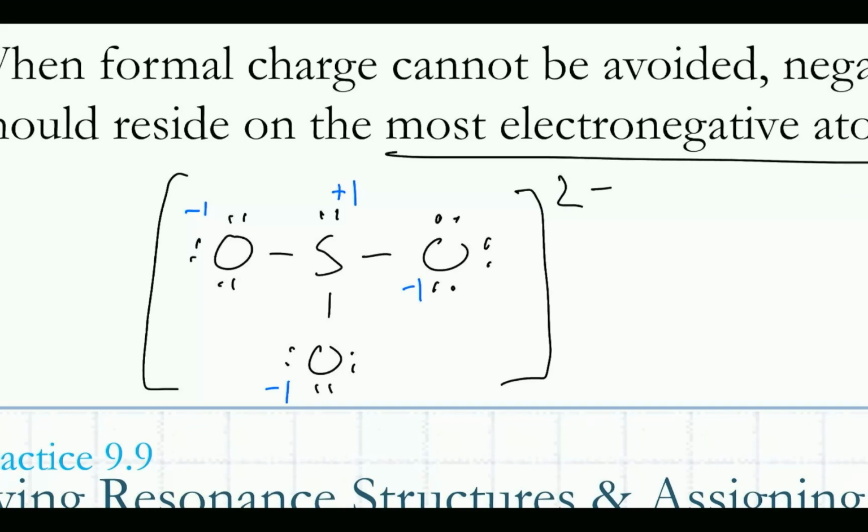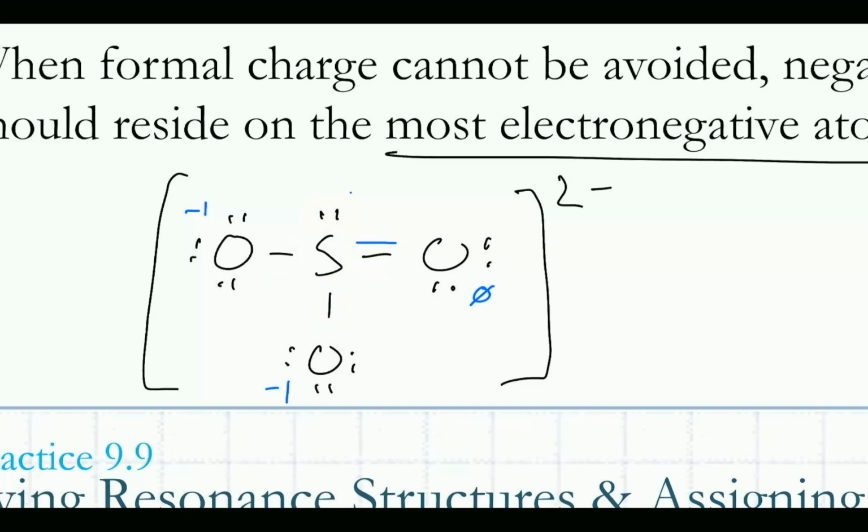So if I take a pair of electrons from one of these oxygens, form a double bond, now it's going to change my calculations for formal charges. Since this oxygen now on the right will be 1, 2, 3, 4, 5, 6, that becomes 0. And the sulfur will be 6 minus 1, 2, 3, 4, 5, 6.